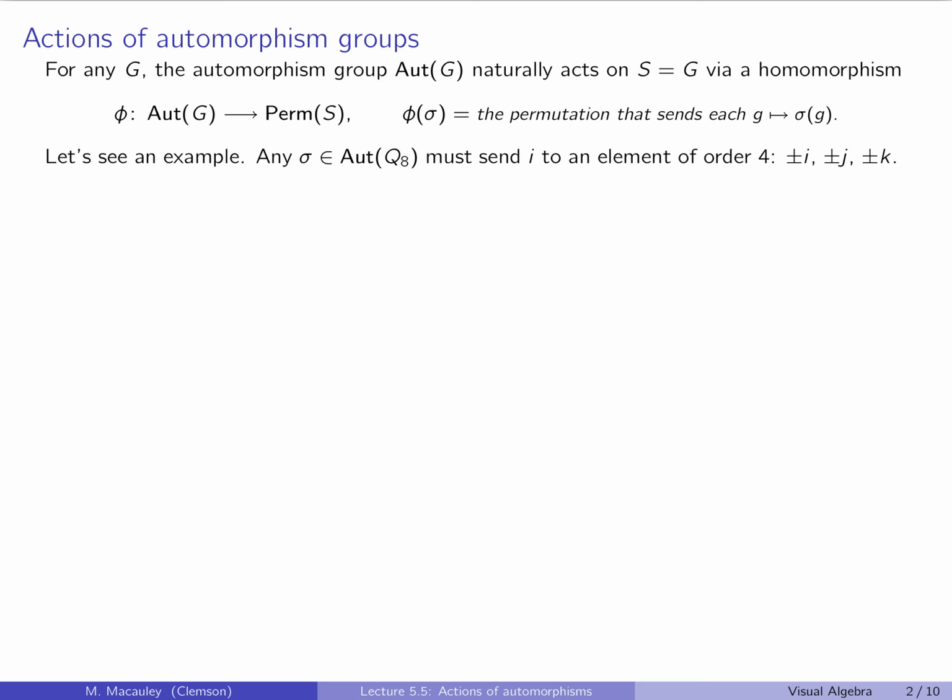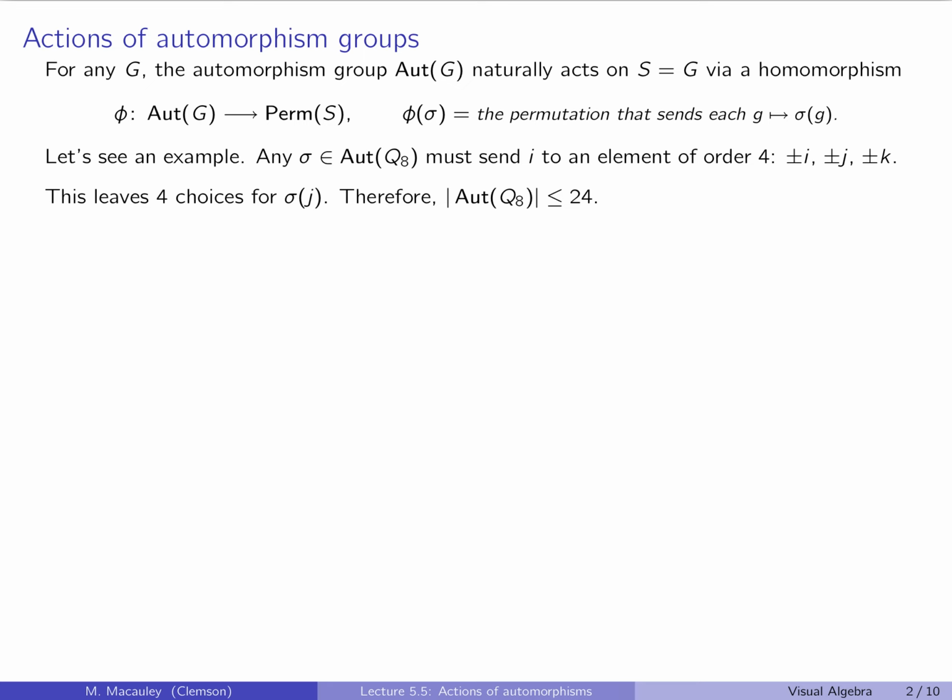Let's see an example. Any automorphism sigma of Q8 must send i to an element of order 4. So there are 6 choices: plus or minus i, plus or minus j, or plus or minus k. Once we decide where i gets sent, then we have 4 choices for where j gets sent, because j cannot get sent to the same place as i, or the negative of it, if we want this to be an isomorphism from Q8 to itself.